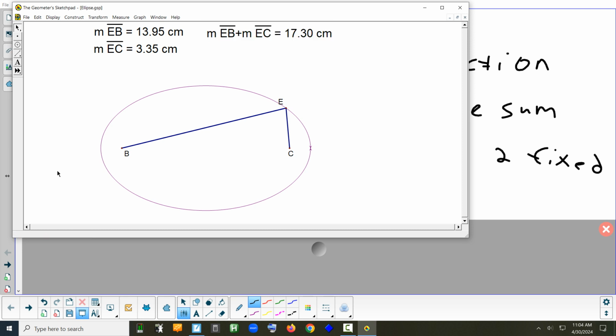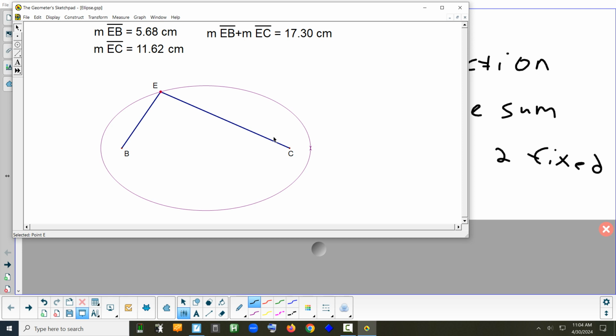So let me just drag point E. As I drag that around, those two numbers are changing. But no matter where I drag it, if you add 5.68 and 11.62, that will add up to 17.3. Any question on that?